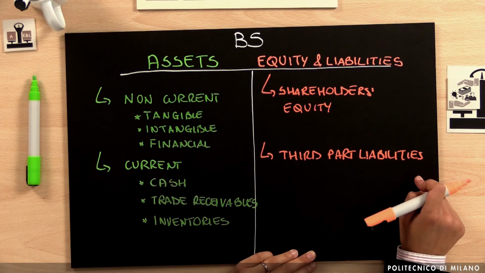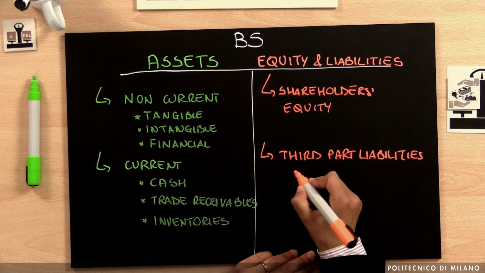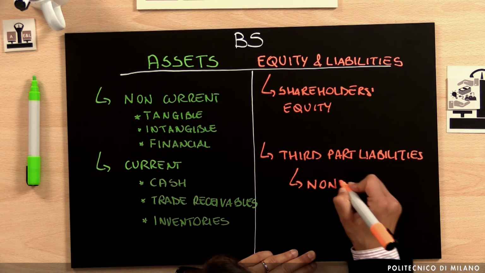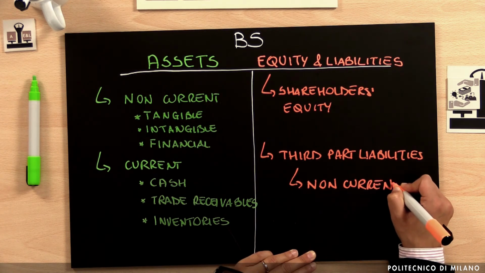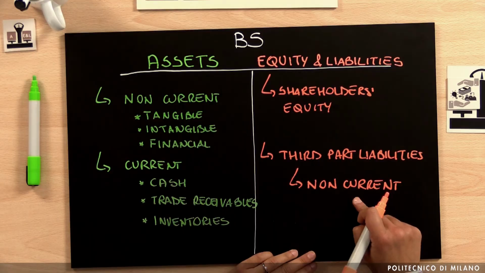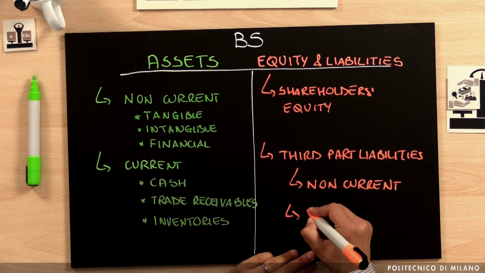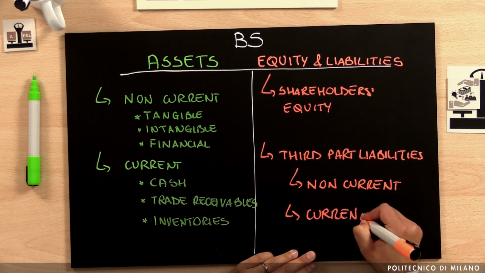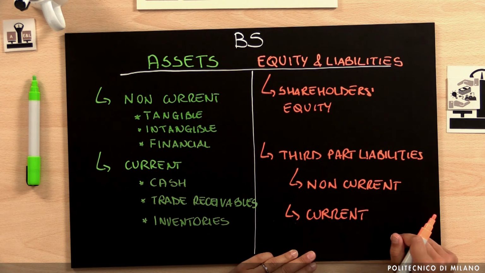These third-party liabilities, following the structure of the assets, can still be divided into two main categories. We can have the so-called non-current liabilities if we are talking about liabilities that are due by the company over the 1 year time horizon. On the opposite, we have the so-called current liabilities if we are talking about liabilities that are due by the company during the next 12 months.